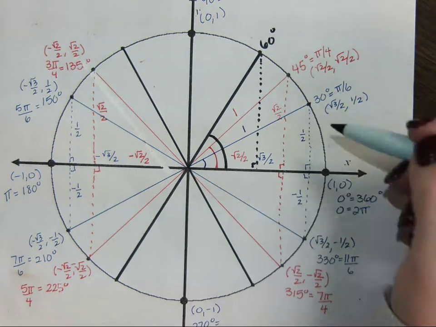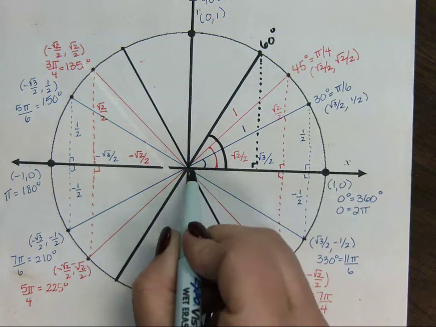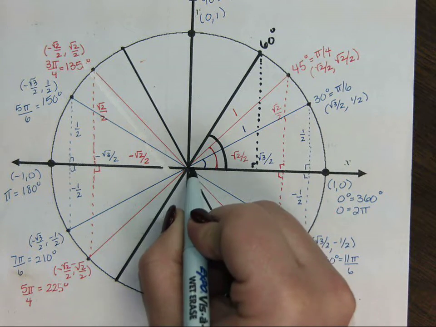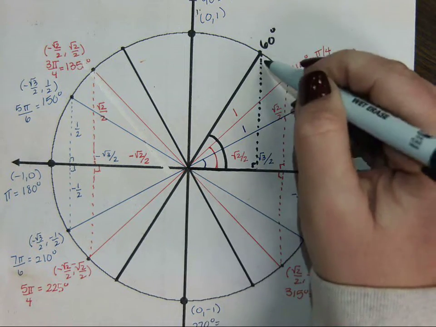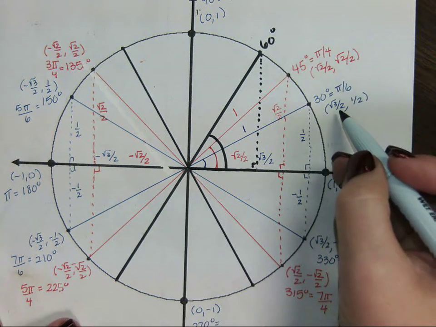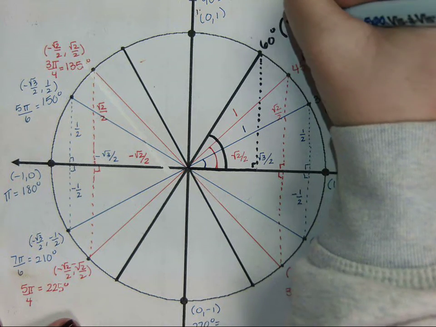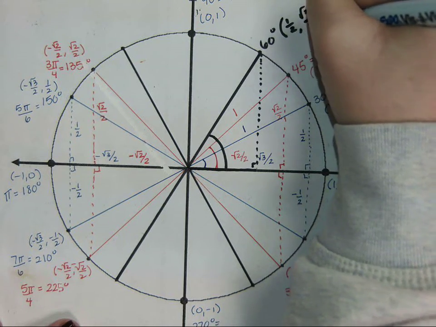You can see that here 1/2 was the shortest leg, and the root 3 over 2 is the longest leg. Well, now that flips. Now this little distance right here is the 1/2, and the other leg is root 3 over 2. So the coordinate for the 60 is the same kind of coordinate, but flip-flopped, meaning that now the x values are shorter and the y values are longer.